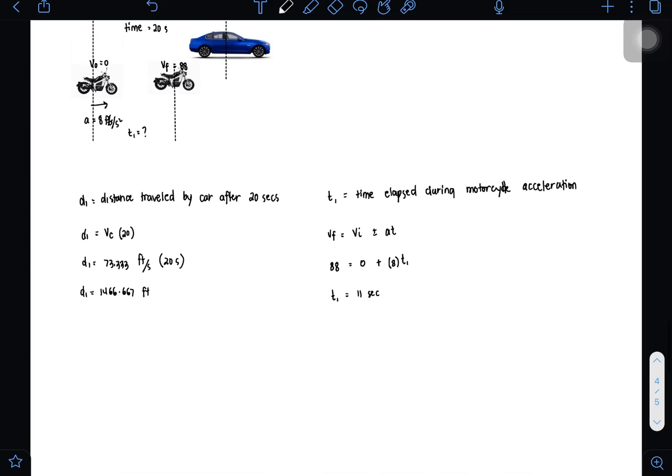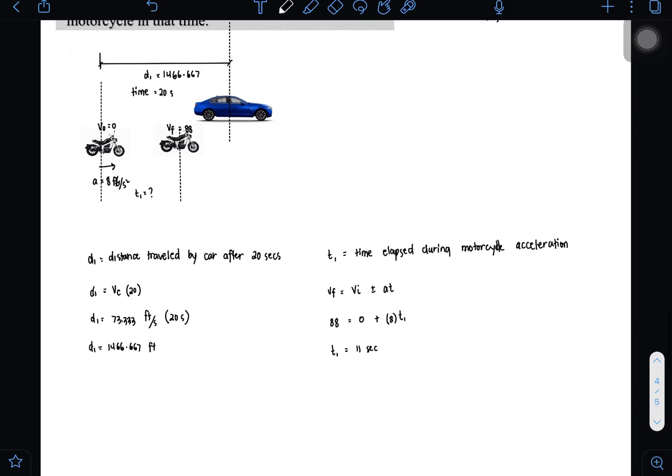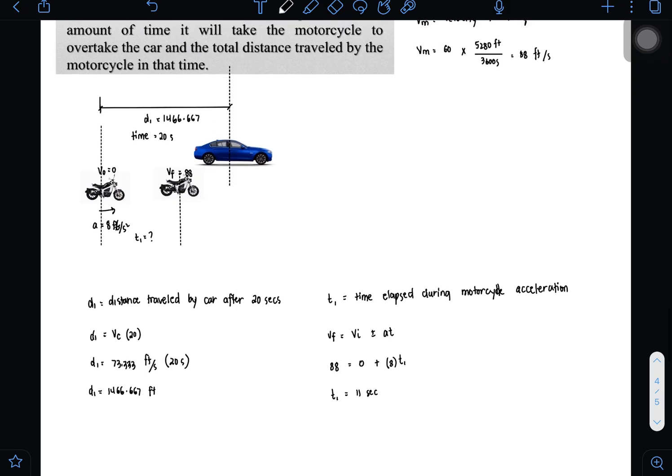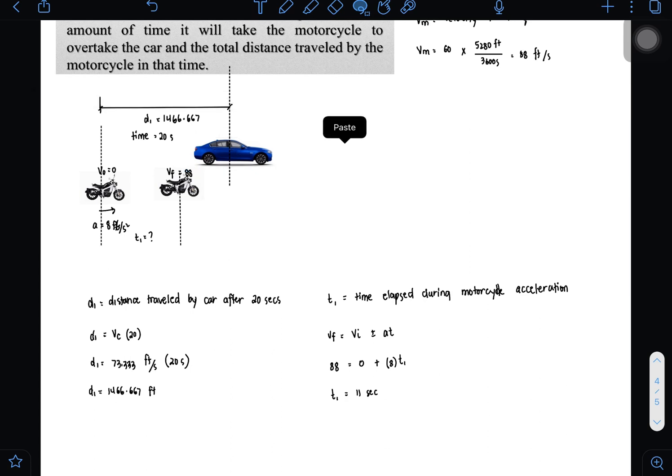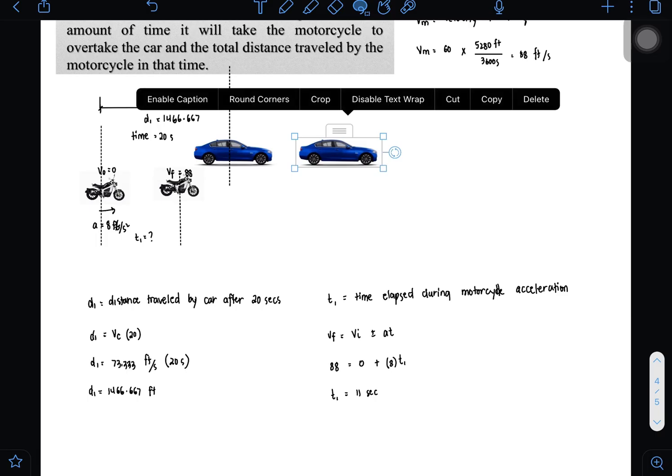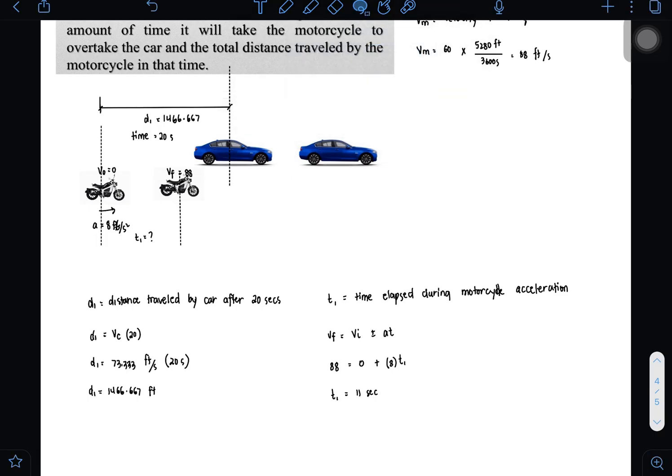seconds. Okay, so as soon as the motorcycle travels 11 seconds, the car also travels the same amount of time, no? Because the car went first. So after this, we're going to use a time equal to 11 seconds.